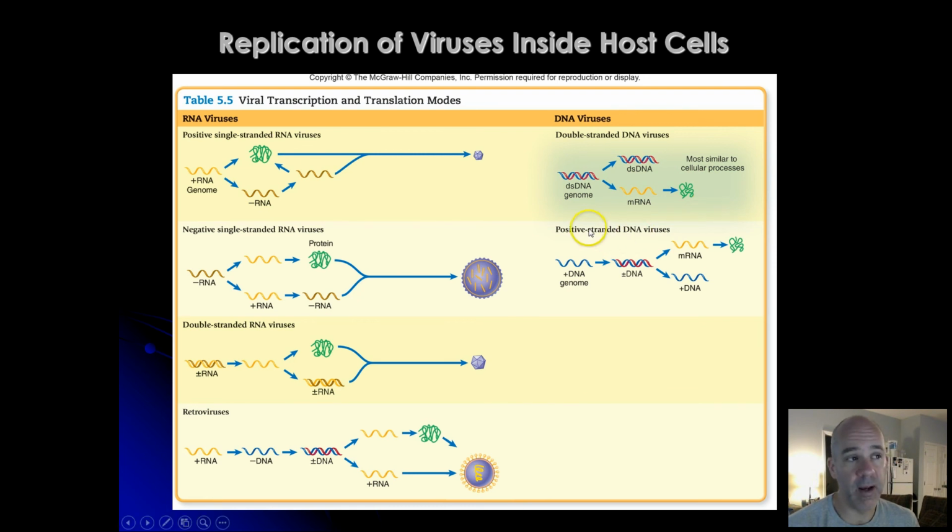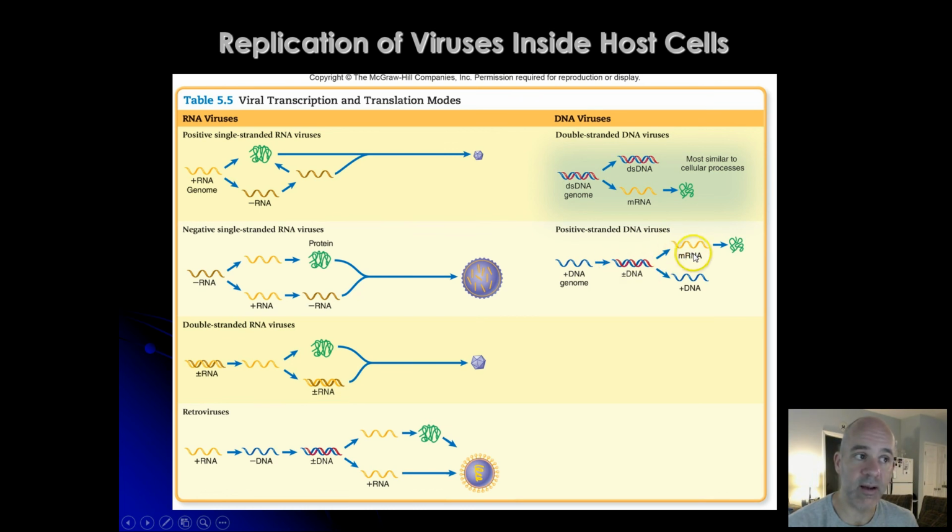Then there are some DNA viruses that are single-stranded, and they're also called positive strand DNA viruses as well. And during their replication cycles, this gets converted to a double-stranded DNA, and then that is used to make more single strands, because those are the ones you've got to put into the new virus particles. And this gets treated like some of our own DNA.